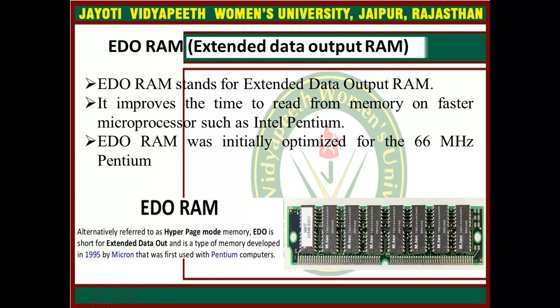EDO RAM stands for extended data output RAM, and it improves the time to read from memory on faster microprocessors such as Intel Pentium. EDO RAM was initially optimized for the 66 MHz Pentium. It is also referred to as hyper page mode memory, and it is a type of memory developed in 1995 by Micron, which was first used with Pentium computers.